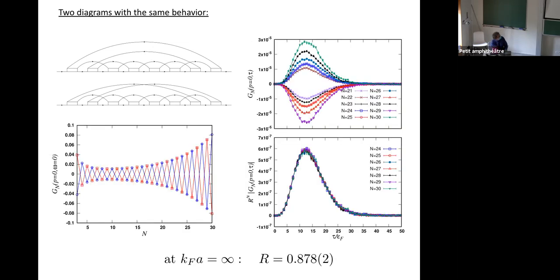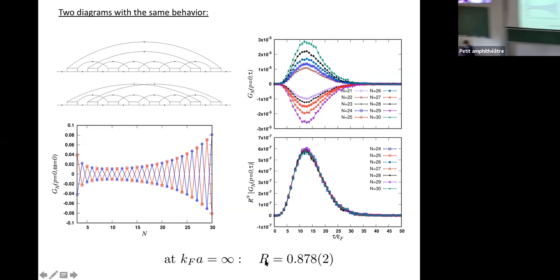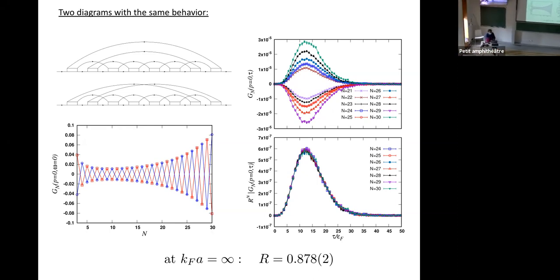If we look at the contribution of these 2 diagrams, this is Gn, the nth order contribution of each of those 2, we see that it also exponentially increases. Moreover, it increases exponentially with the same value of R, meaning that the leading behavior of the large order asymptotics is the same for those 2 diagrams as for all the diagrams.